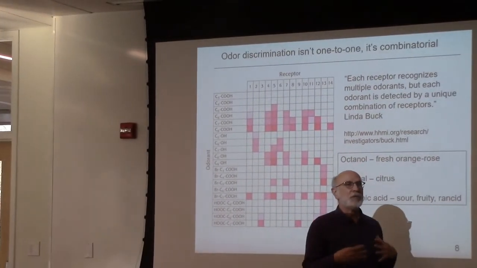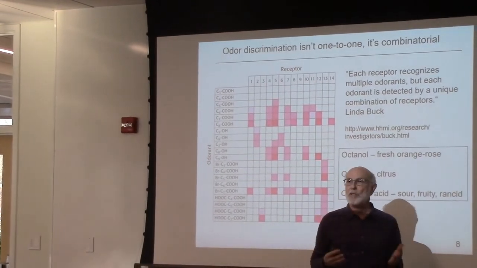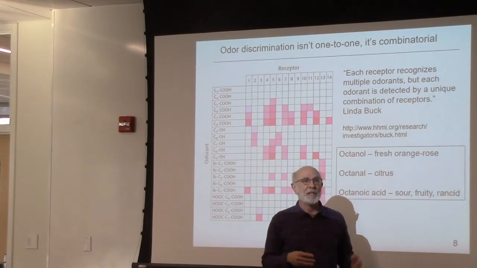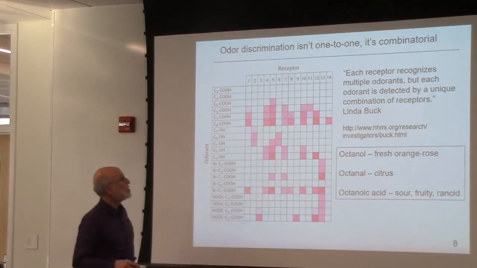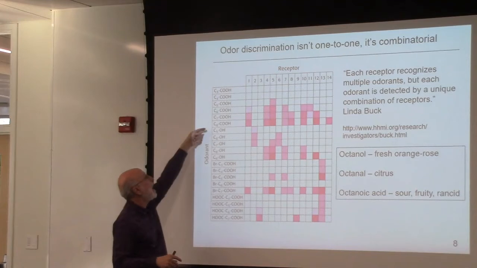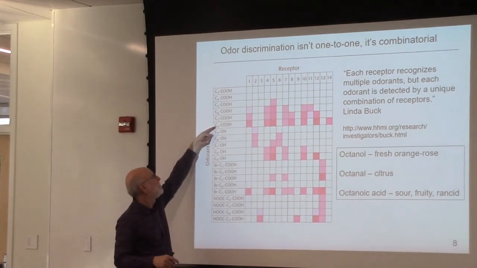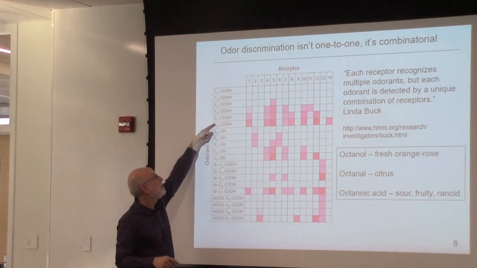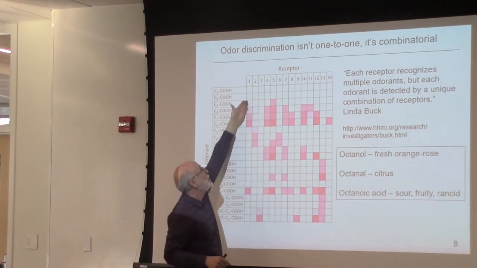So how do we use 350 receptor molecules to detect 10,000 odorants? It's called combinatorics, combinatorial activation. So let's just look at this. So here is octanoic acid, or maybe it's this one. I'm not even sure. One of these is octanoic acid, and here is receptor 1.